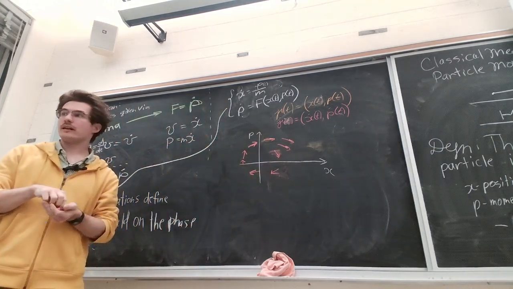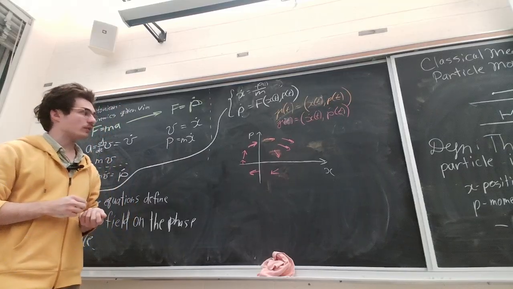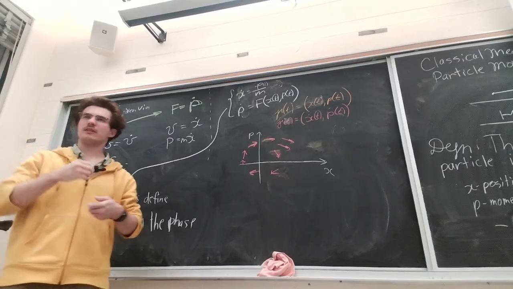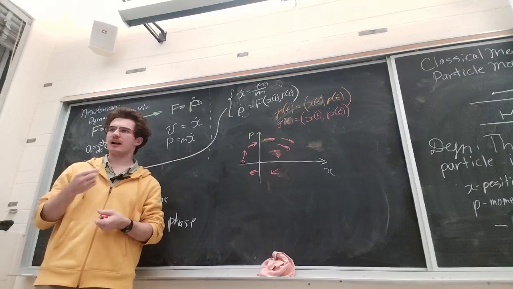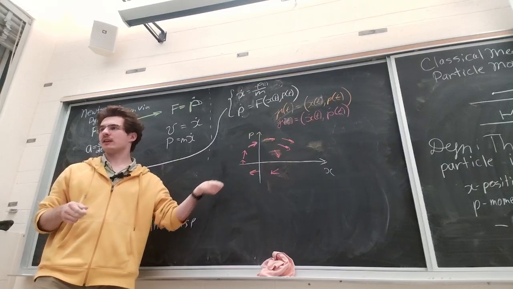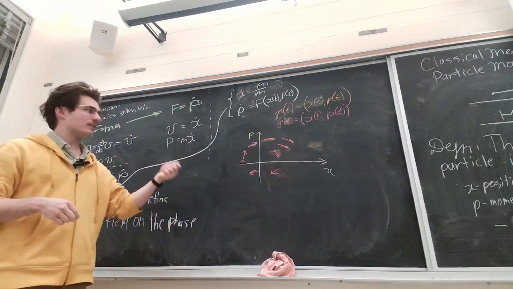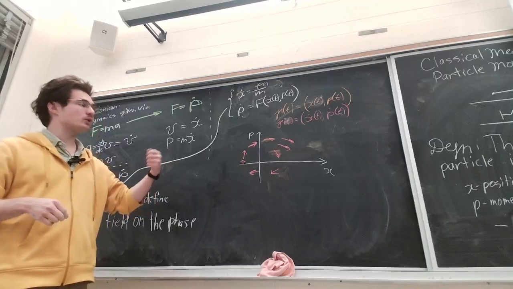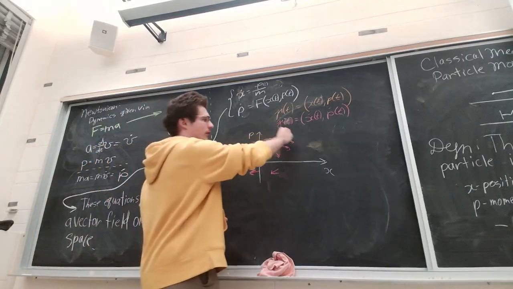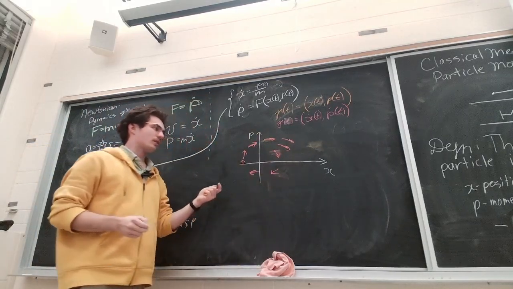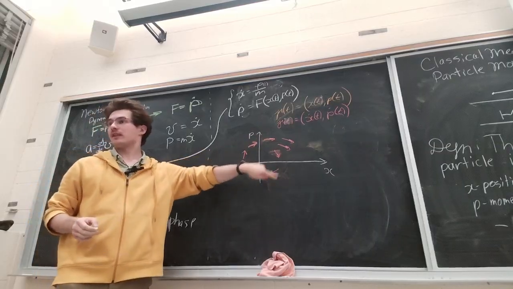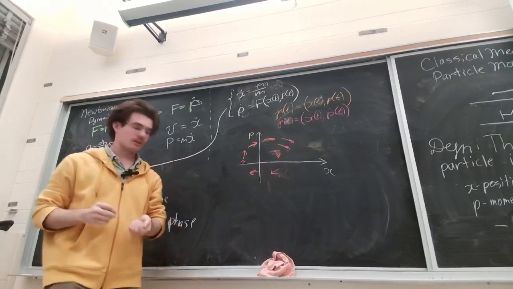And I know that my system will evolve in time according to this vector field. In what sense? My system's evolution in time will be some curve that is tangent to this vector field at any point in time.